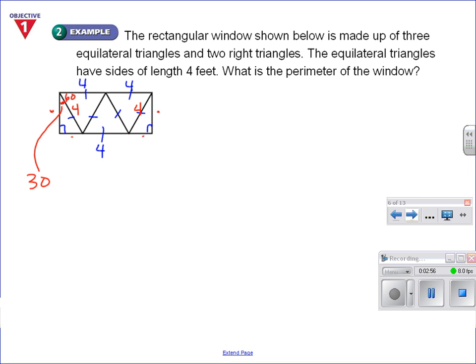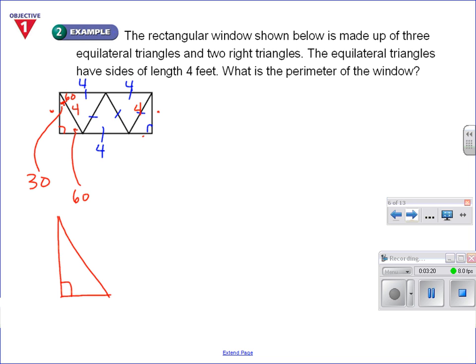I got 30 here, a right angle there, so I must have 60. There's a myriad of reasons you could know that, alternate interior angles, but right in here must be 60 degrees. So I have a 30, 60, 90 triangle in here.